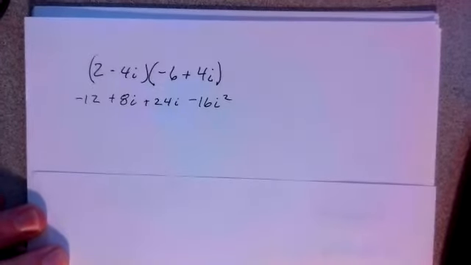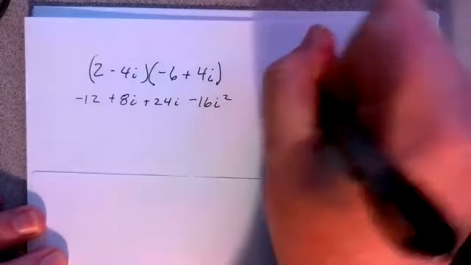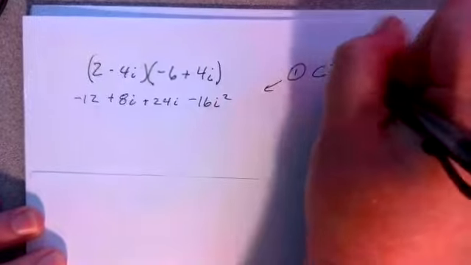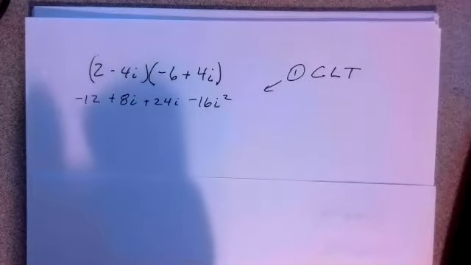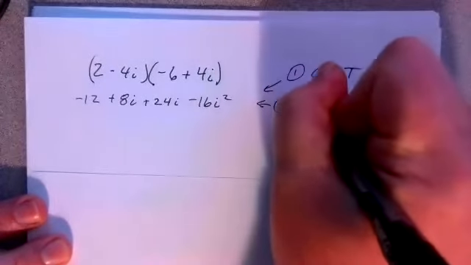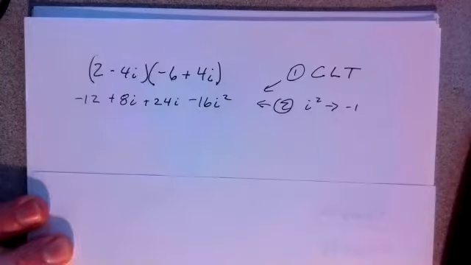All right, now there are 2 things that we need to clean up here. One, we have to combine like terms. So get a little CLT. The second thing that we need to do is switch the i squared to negative 1.